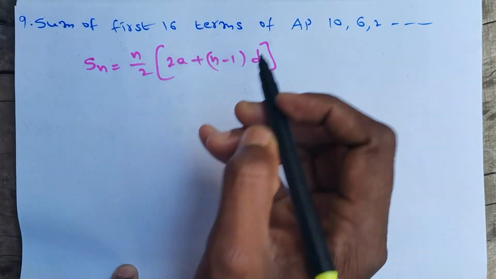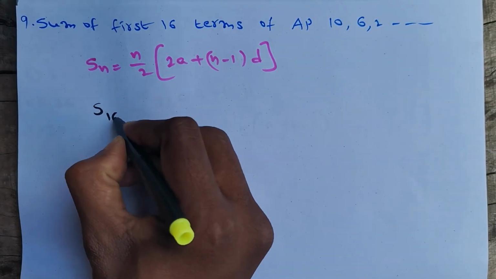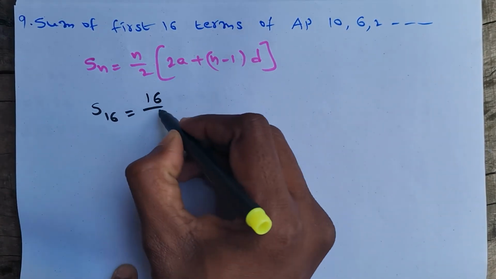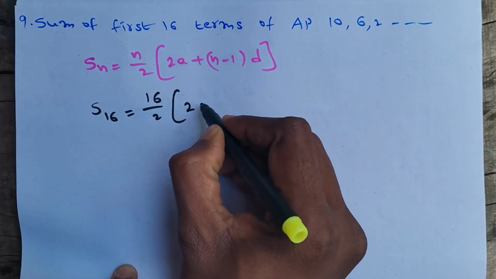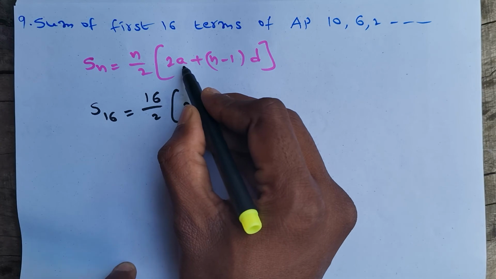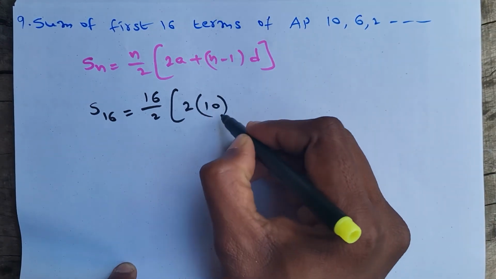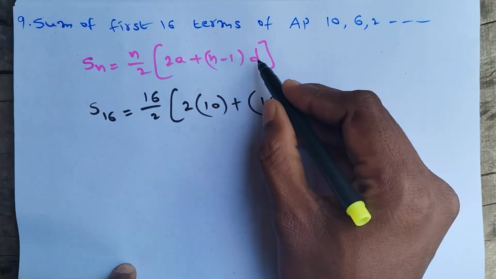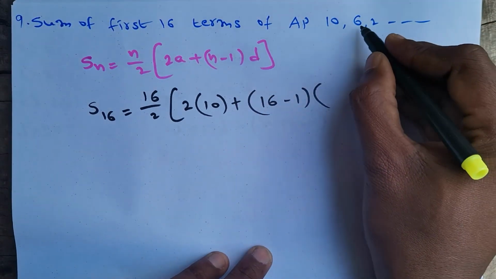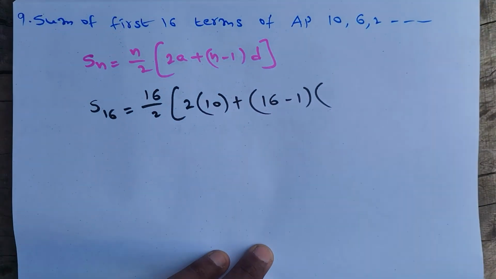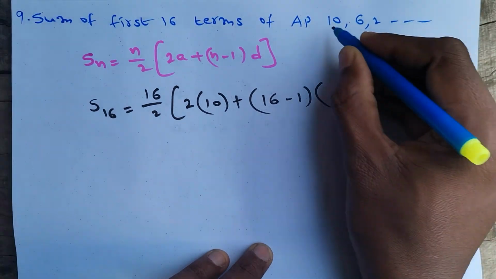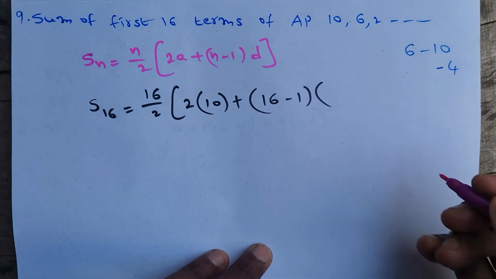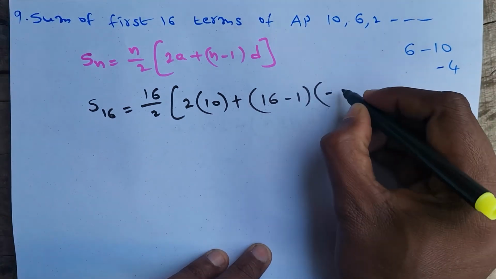They are asking about 16 terms, so S16 we need to find. n is 16 terms, so 16 by 2 into (2 of A, the first term, 10, plus (16 minus 1) into D, the common difference). Second term minus first term: 6 minus 10 is minus 4. So the common difference is minus 4.